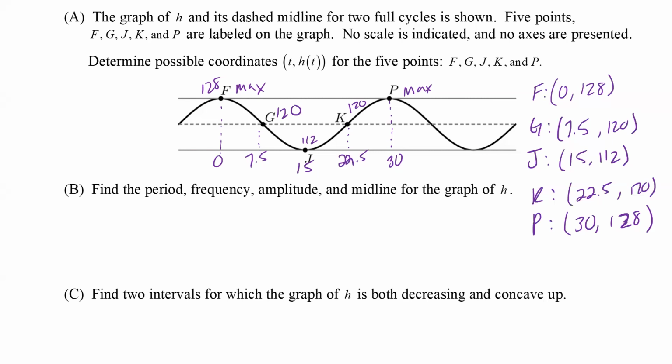And now from here, you should be able to tell me the period, the frequency, the amplitude, and the midline, correct? What's my period? Perfect. What's my frequency? Perfect. What's my amp?